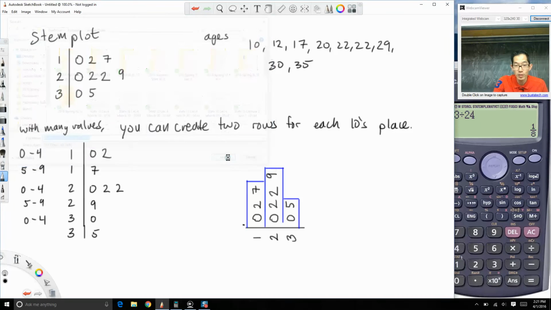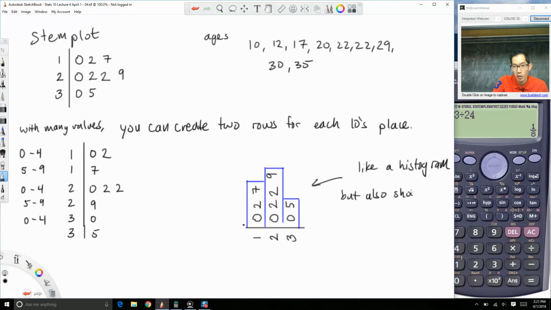And this is like a histogram, but it shows you the individual values. Okay. So far, so good?